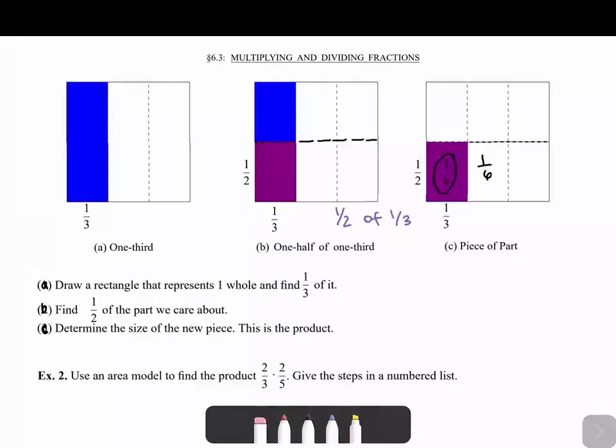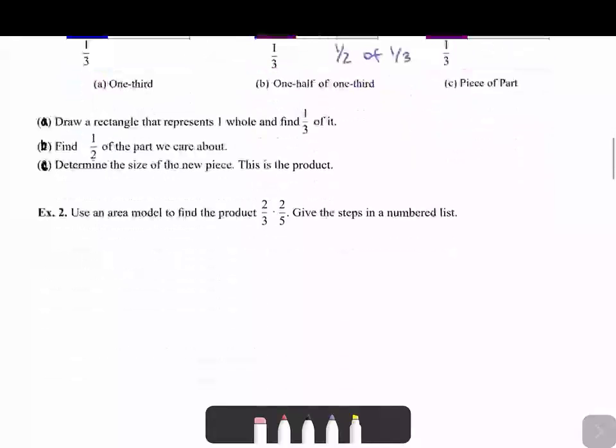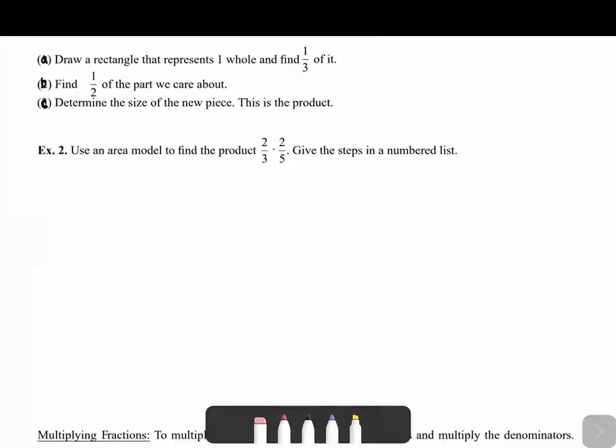We're going to use an area model to find this product, 2/3 times 2/5. Just like up here, the first thing is we're going to draw a rectangle that represents one whole.